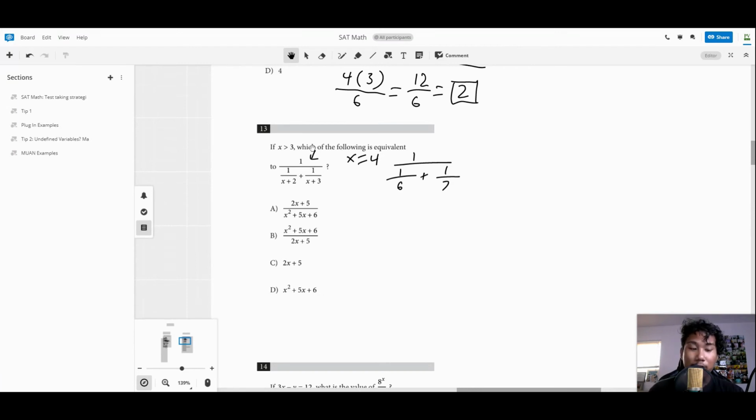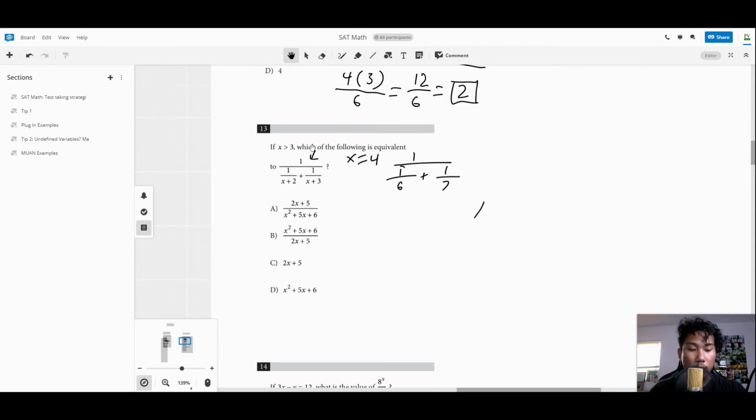Now, I don't know about you, but I'd rather deal with adding 1/6 and 1/7 versus adding fractions with variables in them. It's a lot easier to manage if you have concrete numbers to work with rather than variables that can be any number, right? So 1 over 1/6 plus 1/7. So the reciprocal of 1/6 plus 1/7. So I'm just going to go ahead and quickly add those two fractions together.